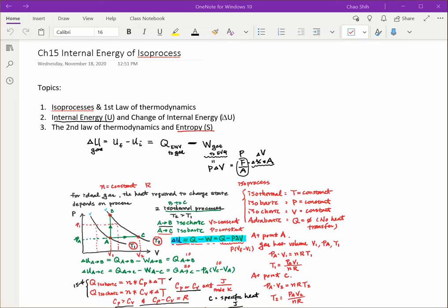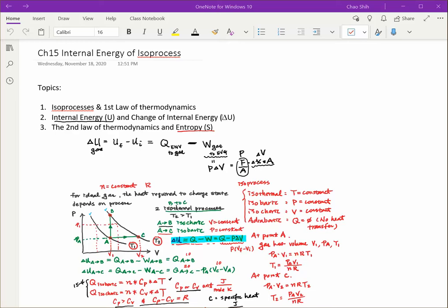And what does that state mean? What is the condition of the gas? That condition includes the pressure, the temperature, and the volume. So temperature, volume, and pressure are what we call the state variables. A change in a state variable will change the state of the gas.